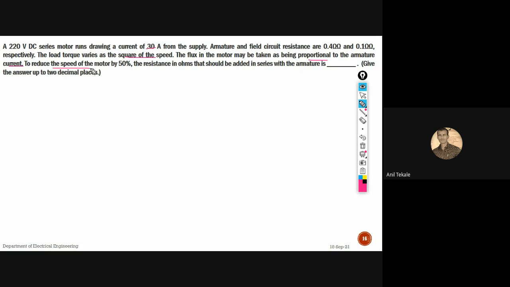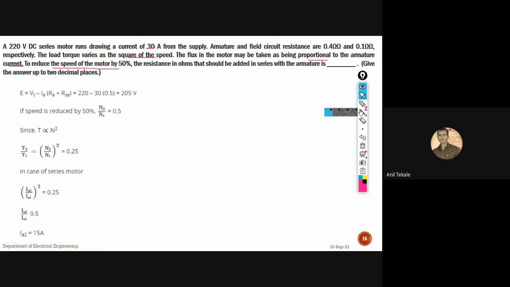To reduce the speed of the motor by 50%, resistance in ohm should be added. Again, a very simple question. Yesterday again we had seen. Can you tell me how to solve? We have to calculate R external, right?